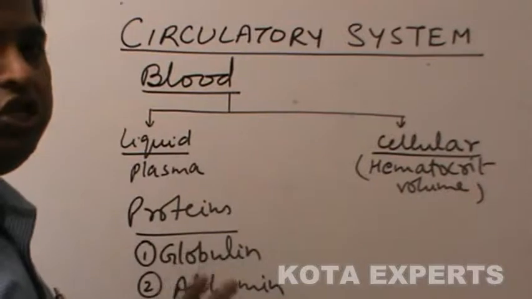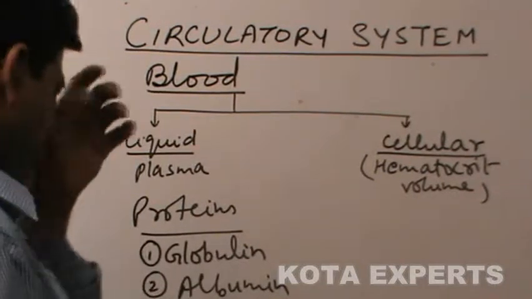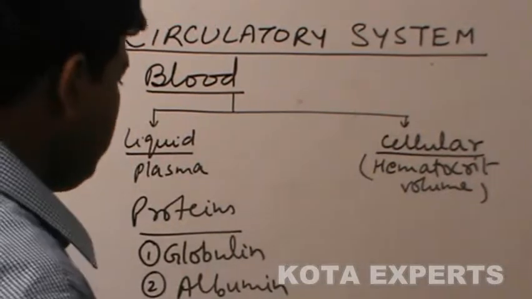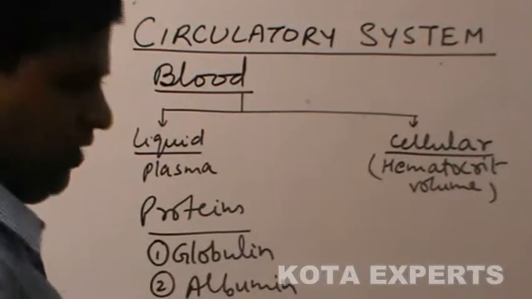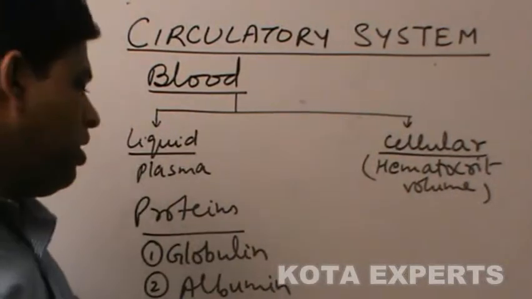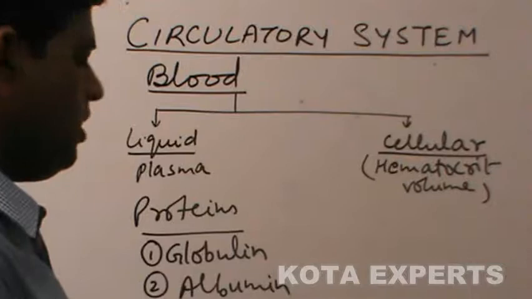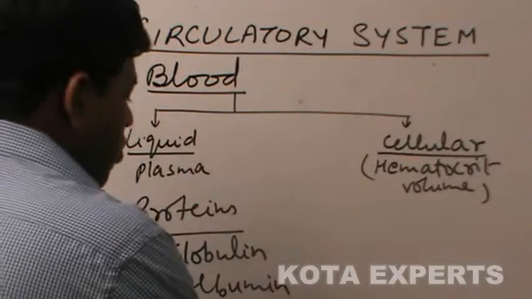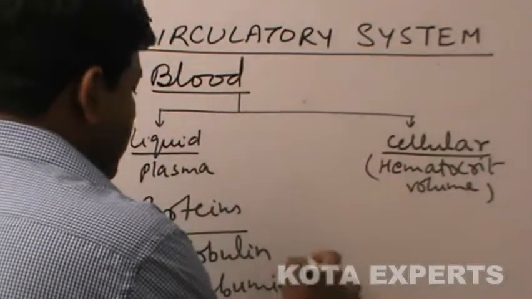These are the 3 main proteins found in the plasma, which are very helpful in body defense, in osmotic pressure maintenance and in the clotting of the blood.